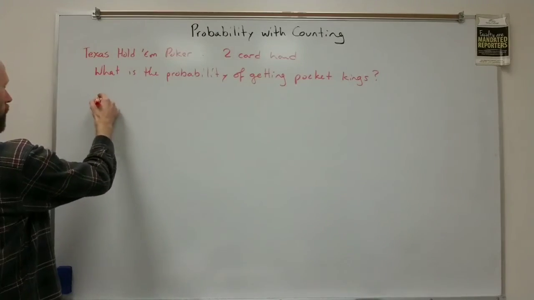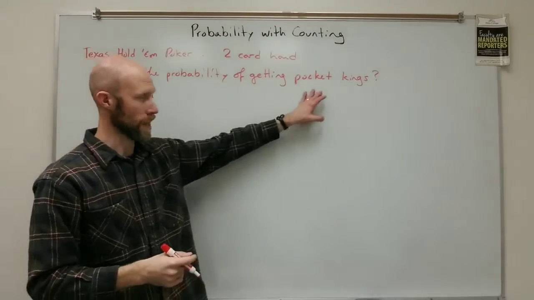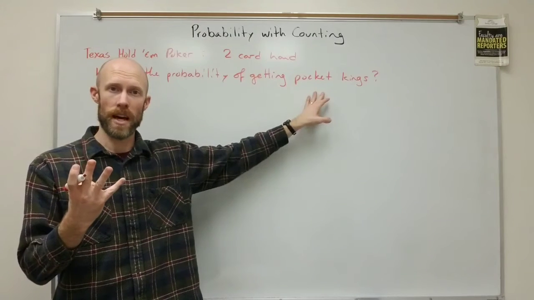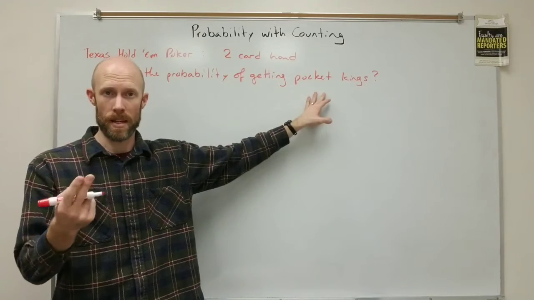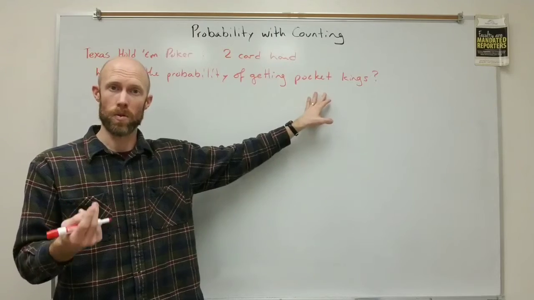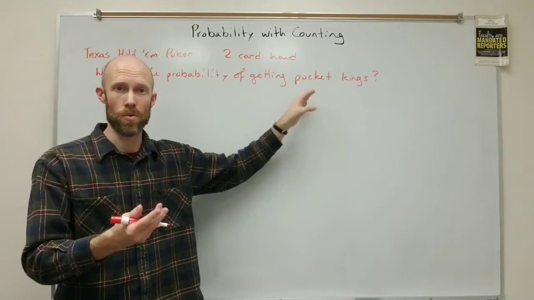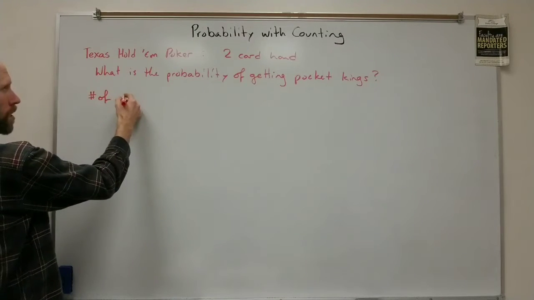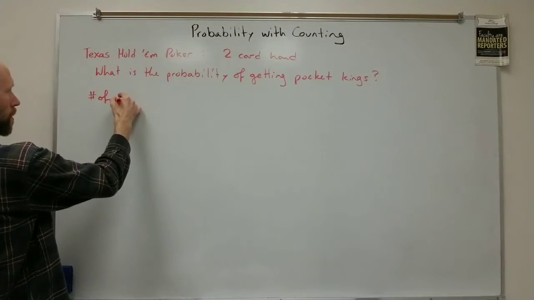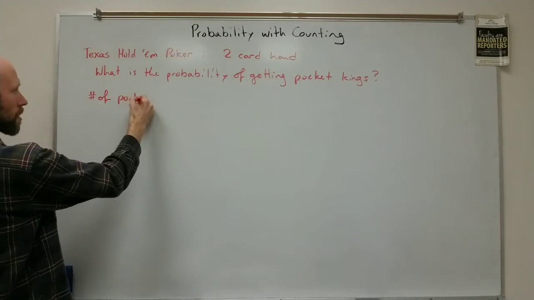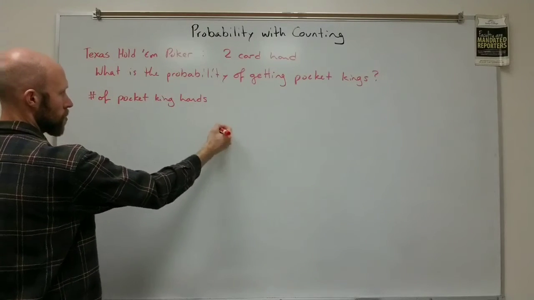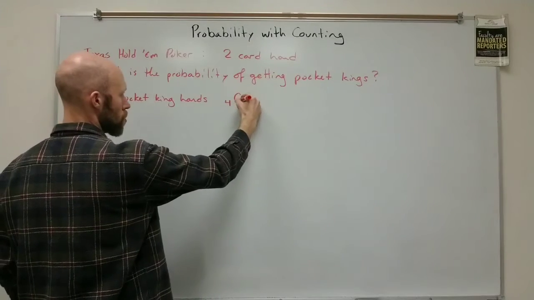You want basically the number of ways of getting 2 kings. Well, how many kings are there? There are 4 in the deck. You want to get 2 of them, and it doesn't matter the order in which they come. So we're doing a combination of 4 choose 2. So the number of pocket king hands is going to be 4 choose 2.